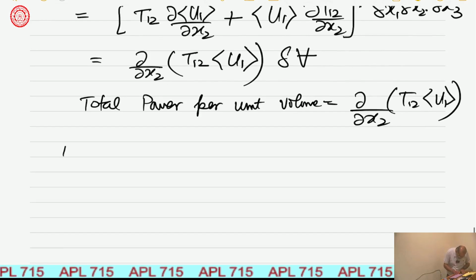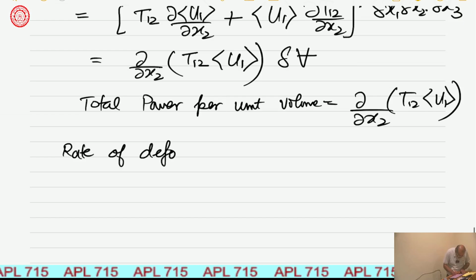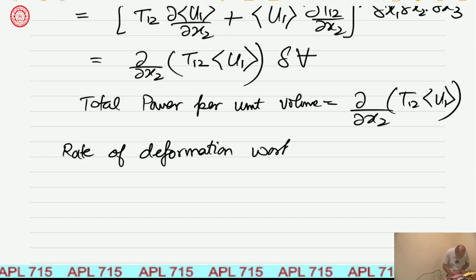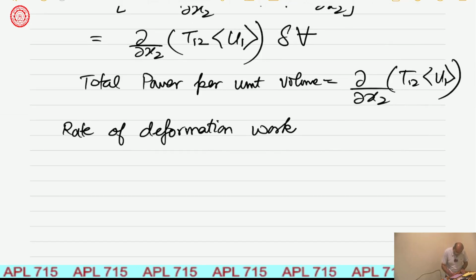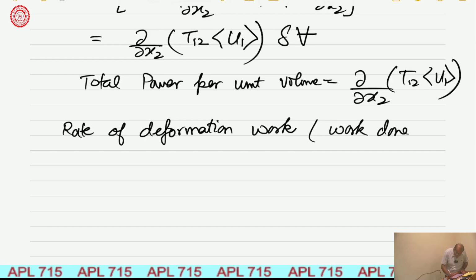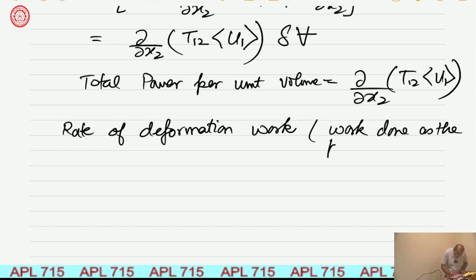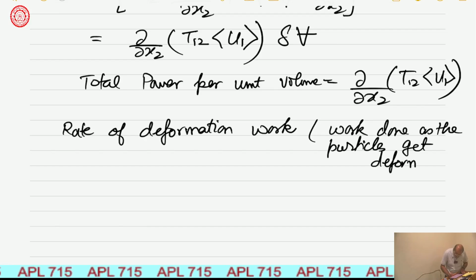Now, there's a second term which is important and which is called the rate of deformation work, which is the work done as the particles or as the fluid gets deformed.